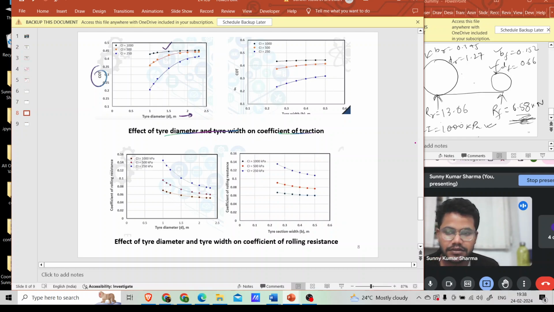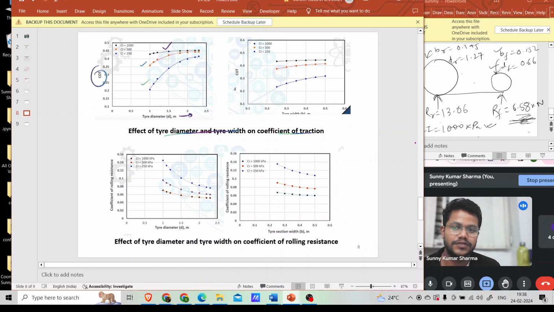That we have discussed in our previous sessions, why with more cone index we get more coefficient of traction. For a lower cone index value, the increase is very rapid, and for higher cone index, the increase is not so rapid.